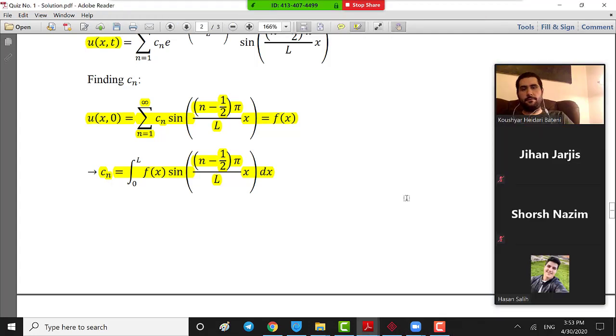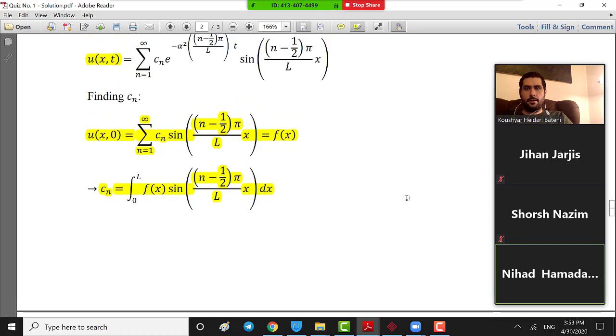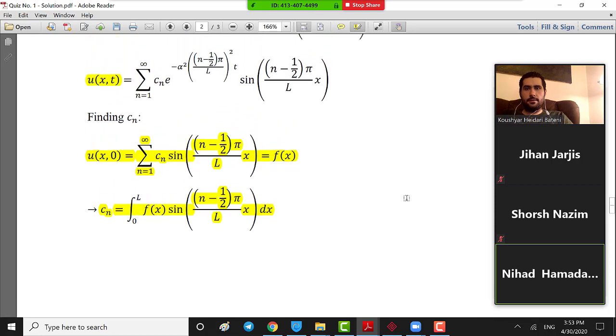So guys, we solved part A of this example. Part B is a little bit more tricky.